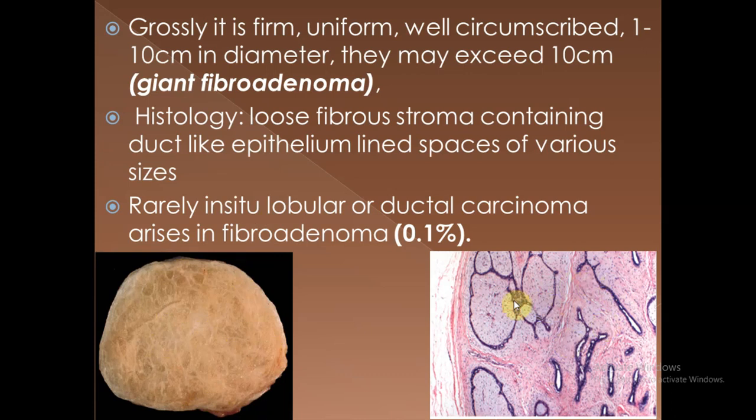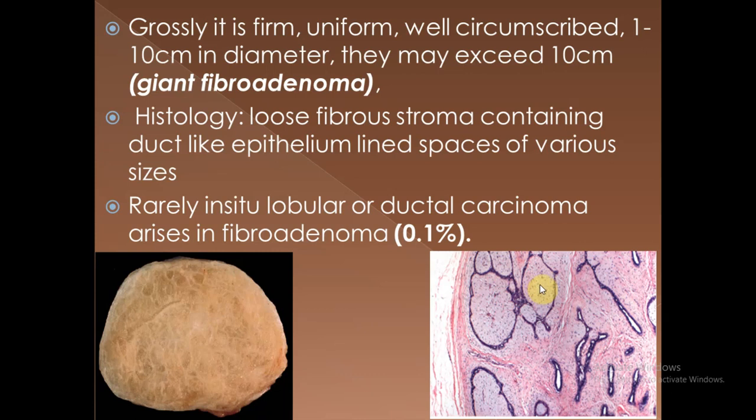Microscopically, in fibroadenoma we have two components. Fibroadenoma is one of the tumors that have a double origin, epithelial origin and mesenchymal origin. We see two components for the tumor, the epithelial components, which are ducts lined by benign epithelium, single layer and a layer of myoepithelial cells, and the stromal components.